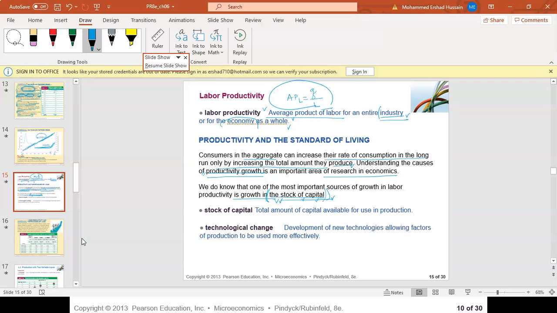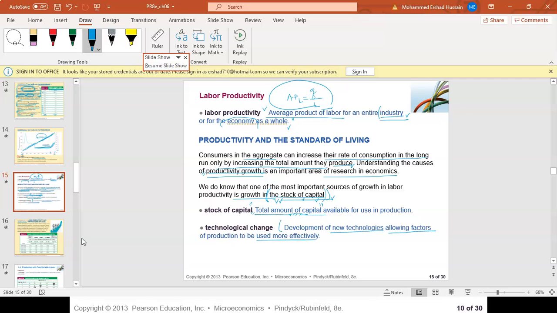Now, the stock of capital is the total amount of capital available for use in production. That is how many machine tools and equipment, production plants, robots, and all the other facilities a country has at a certain point in time. And technological change is the development of new technologies, allowing factors of production to be used more effectively.